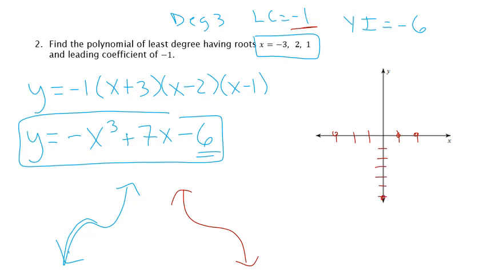Okay, and then we're just going to do our best to go through these points, knowing that it's going to follow this direction here. So maybe we'll do something like this. It starts from up here, and looks something like that.